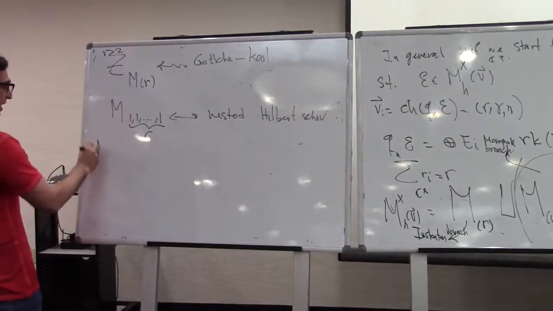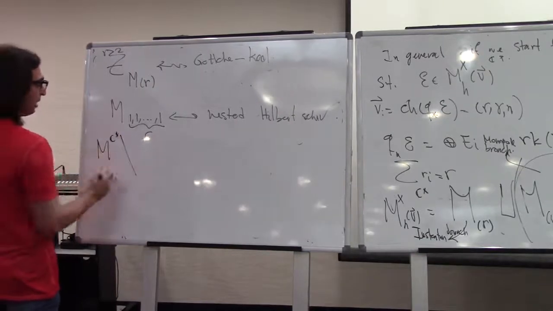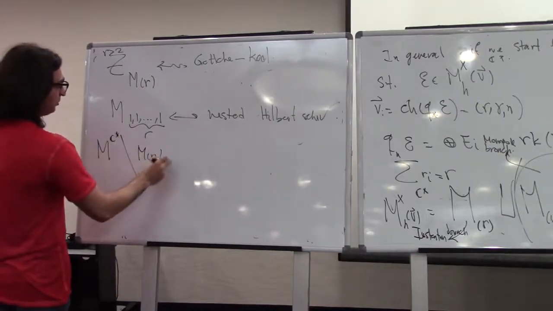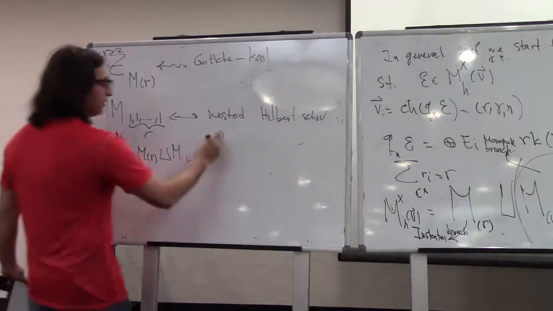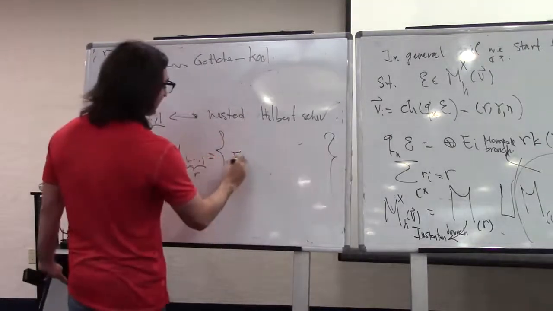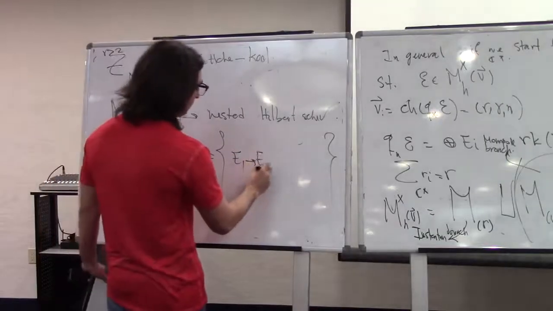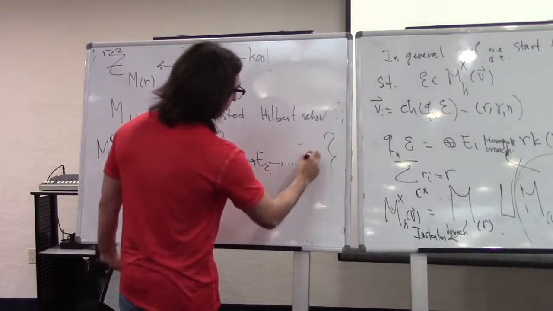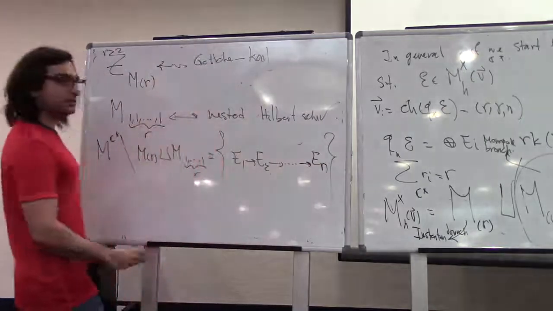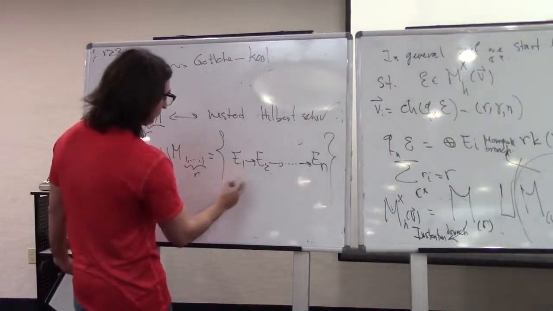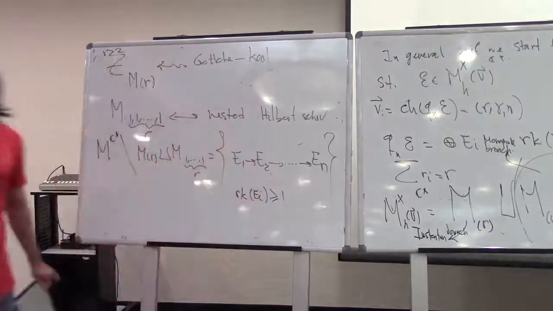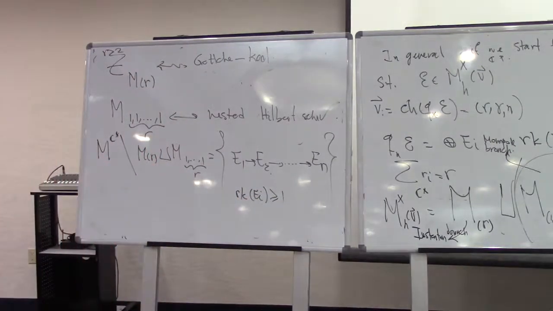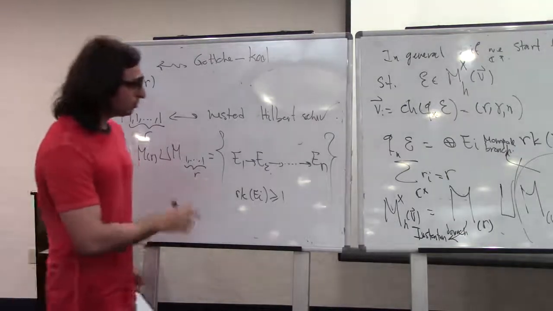So this M, C star minus MR union M11, is parameterizing flags of higher rank sheaves. Maybe something like this, where the ranks of the E_i could be all bigger or equal to 1. And okay, so there are certain technicalities.